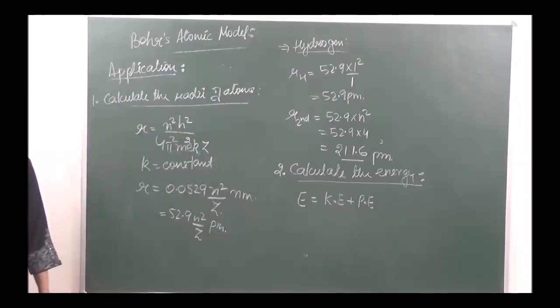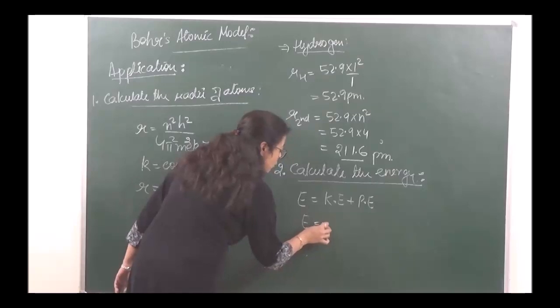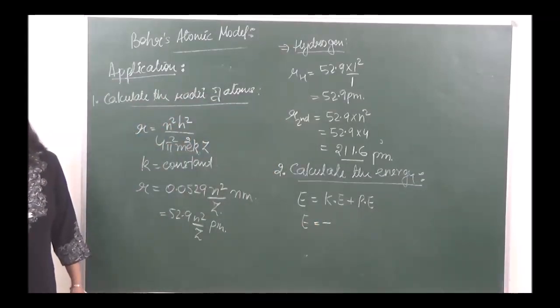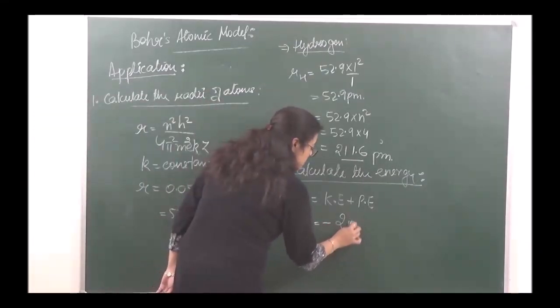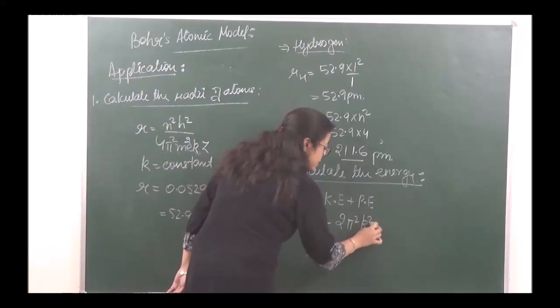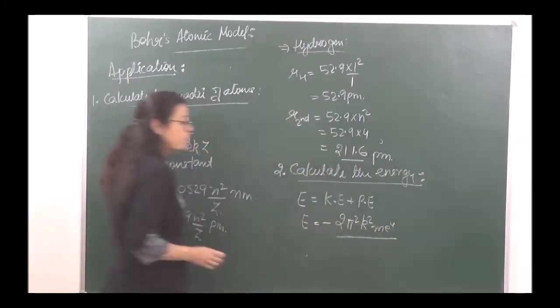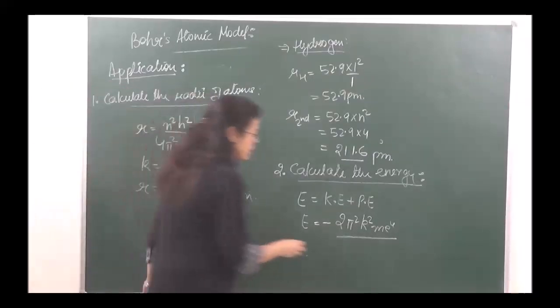By putting the values of both, the value of energy that was given is minus 2 pi square k square m e raised to power 4 upon n square into h square.